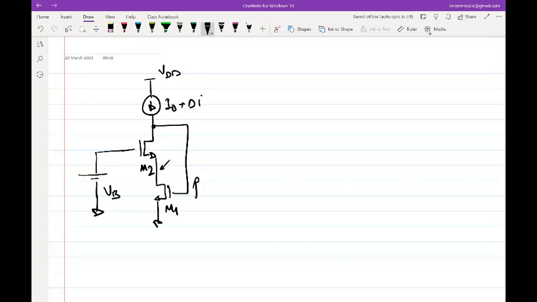Since the gate of M2 is fixed, this node can move. If this node moves, then the current will get auto-adjusted.